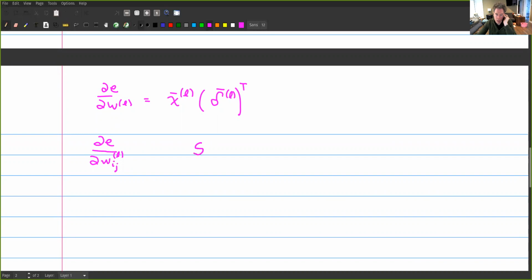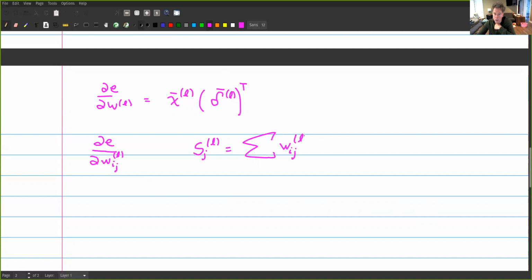So if you think about x_j^L, x_j^L is all the inputs that are coming into node j in layer L. And so you can express this algebraically as the sum of W_ij^L.